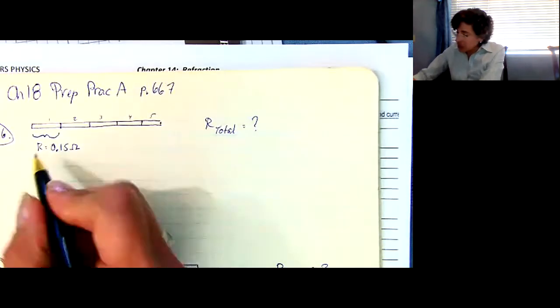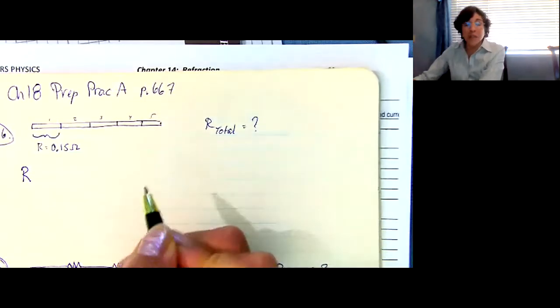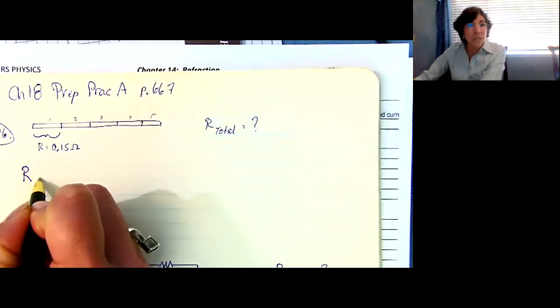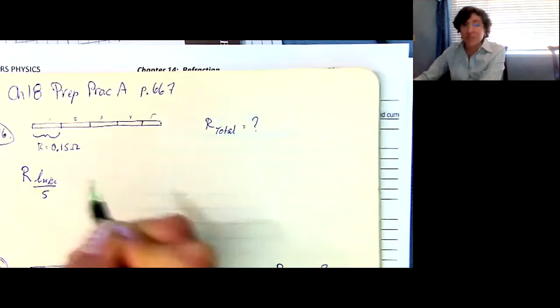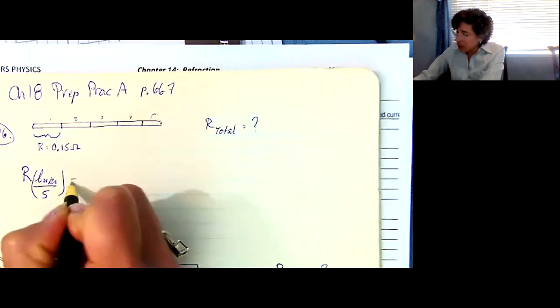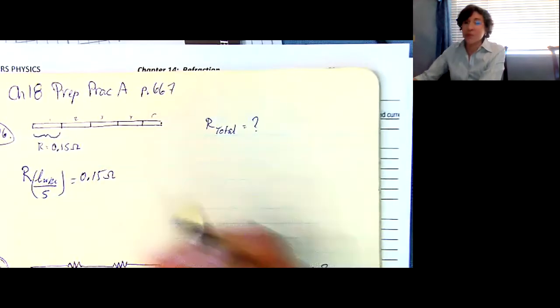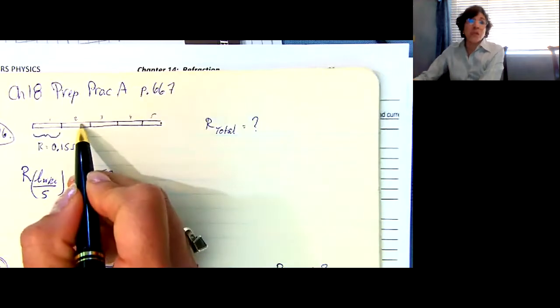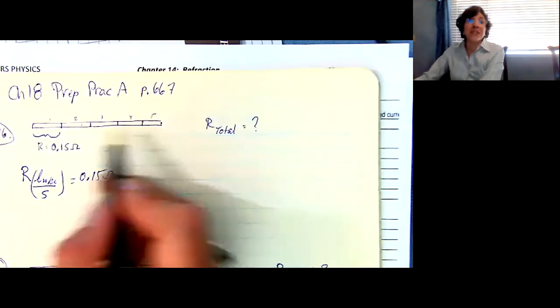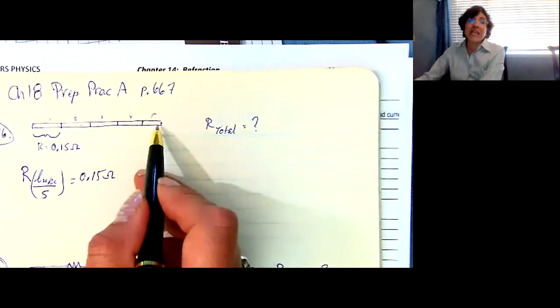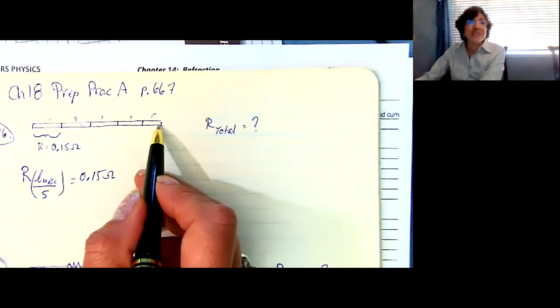So I can say here that the resistance of a fifth of the length of the wire is 0.15 ohms. So that means this one's 0.15 ohms, and this is 0.15 ohms, and this is 0.15 ohms, and this is 0.15 ohms. And you can imagine them as attached, because they are, so they're in series.